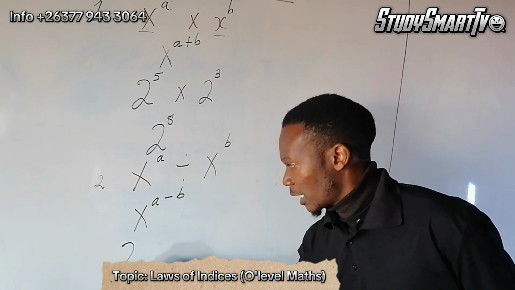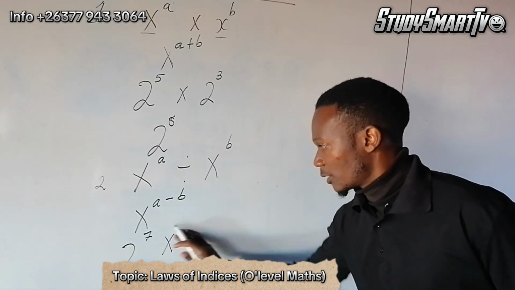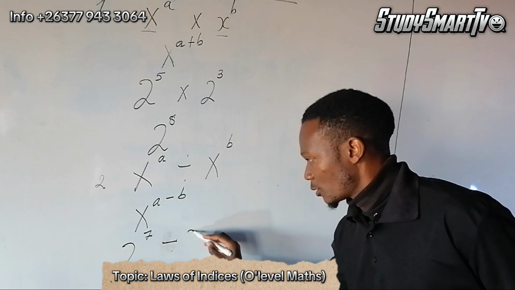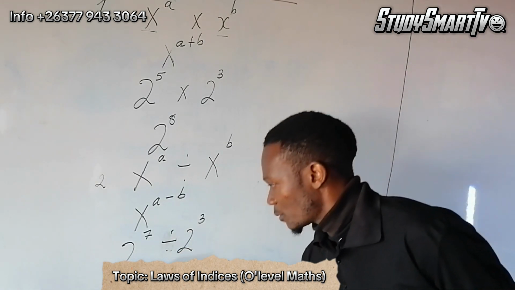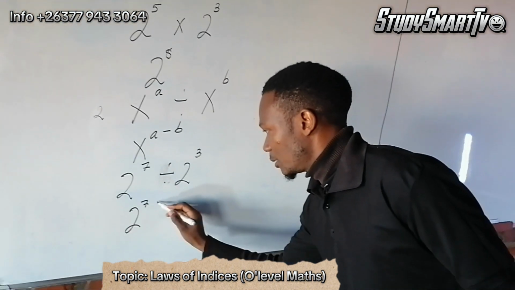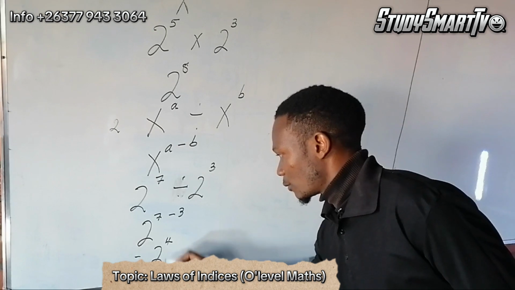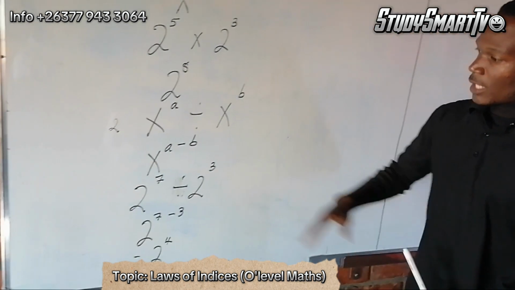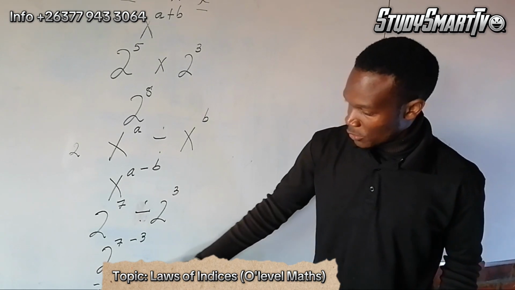If it is 2 to the power 7 divided by 2 to the power 3, here we have to say 2 to the power 7 minus 3, which gives us 2 to the power 4. If the power is small, it will be easier to simplify.